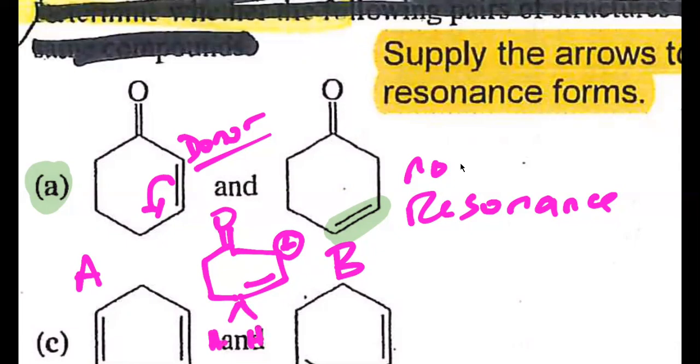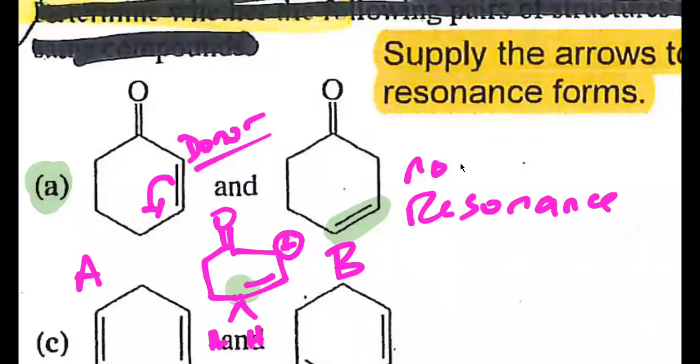How many bonds does this carbon have to it now? 1, 2, 3, 4. Is it 5? Is that possible? No, it's not possible. Right? Because that carbon is not an acceptor. You following? So I got a donor, but I don't have an acceptor. So if I have one without the other, I can't do resonance. Is that clear? Does that make sense?